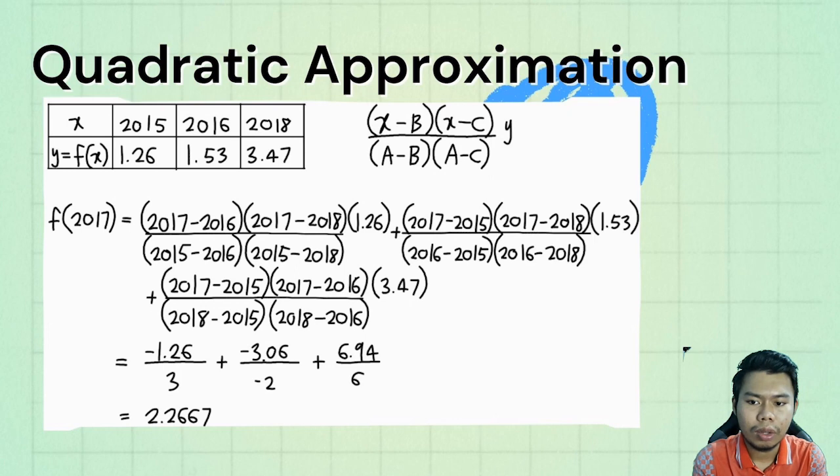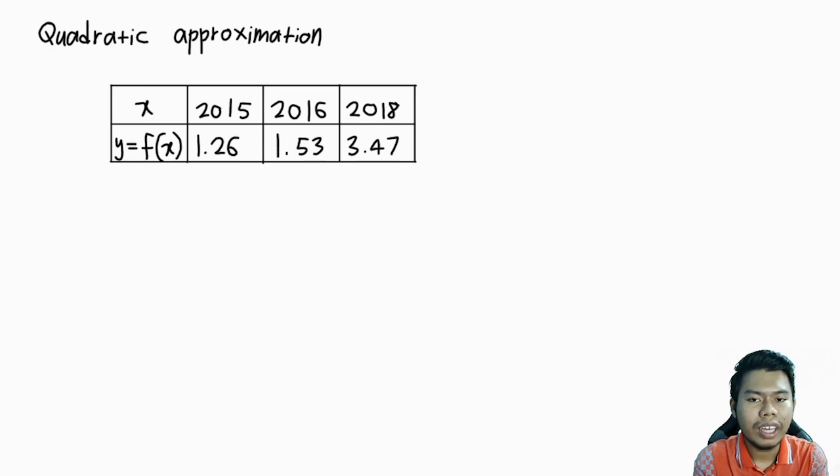Next, we use quadratic approximation. The formula is similar to the linear approximation. We just add 2015 to the table, which is 1 year before 2016.